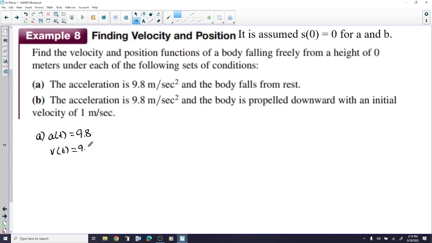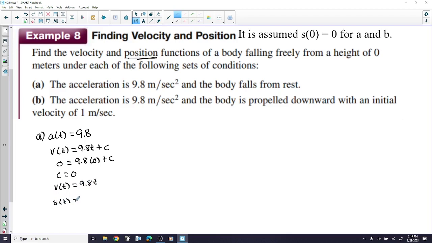Well, this is 9.8 t plus c. So the body is falling from rest, so 9.8 times 0 plus c. So in this case, c is equal to 0. So v of t is equal to 9.8 t. And I think we're supposed to find velocity and position function.